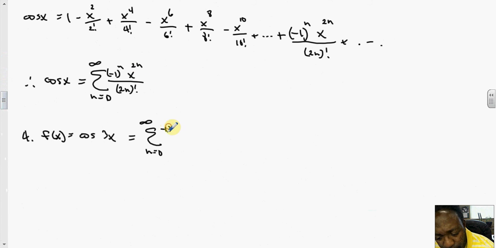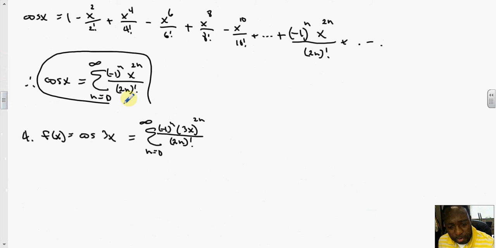So this is negative 1 to the nth times 3x to the 2nth power all over 2n factorial. Once you know something, you can use what you know to get something else. Save you the time, right?